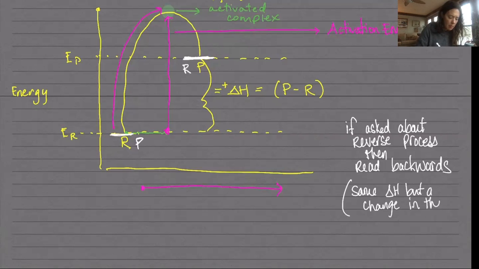So the same magnitude, same numerical value, but a change in the sign, okay? And look at the activation energy for the reverse, the E act for the reverse.